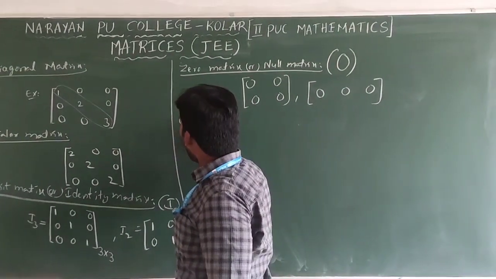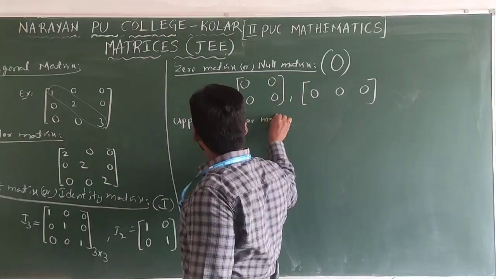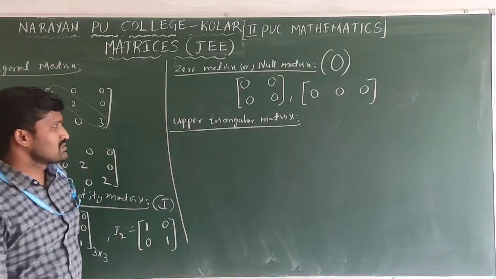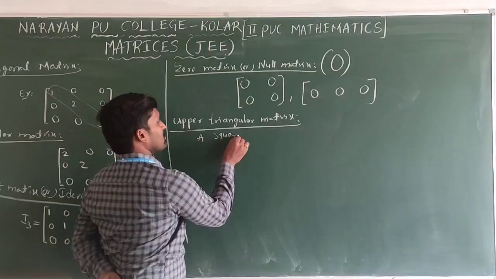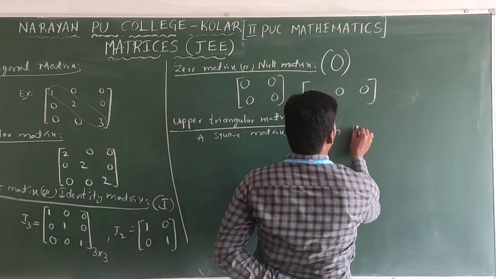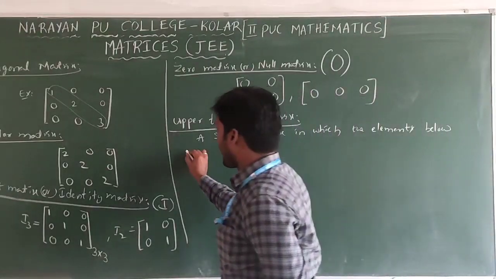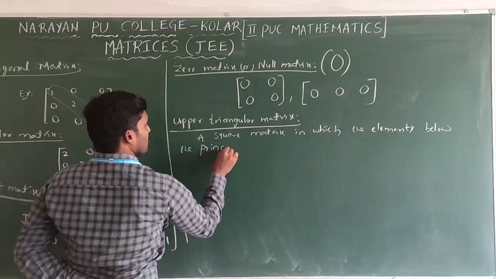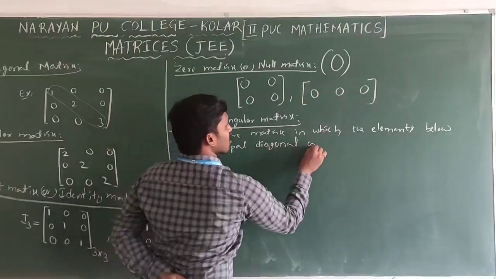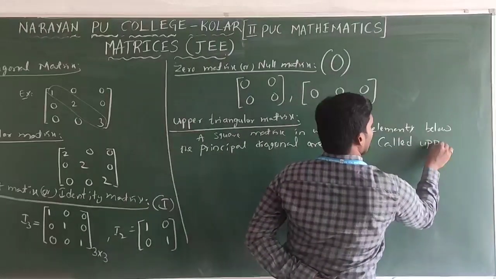Next, upper triangular matrix. A square matrix in which the elements below the principal diagonal are 0 is called the upper triangular matrix.